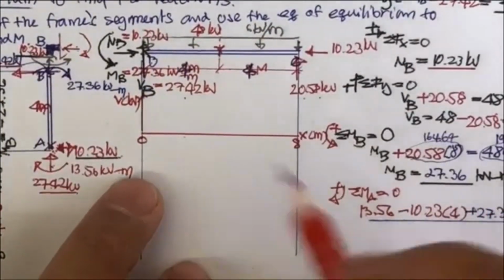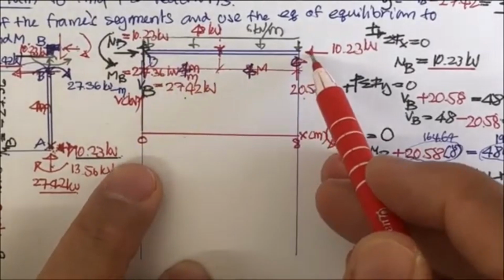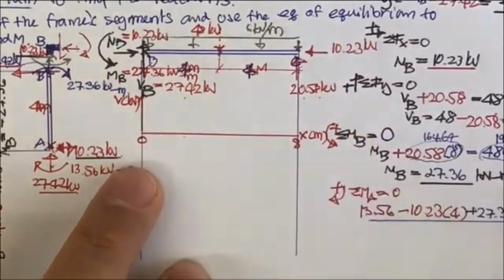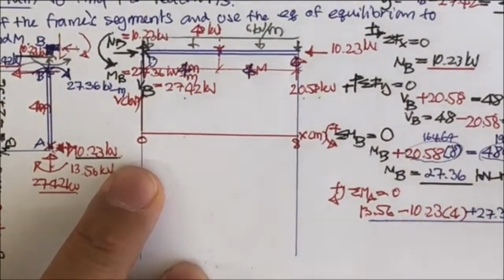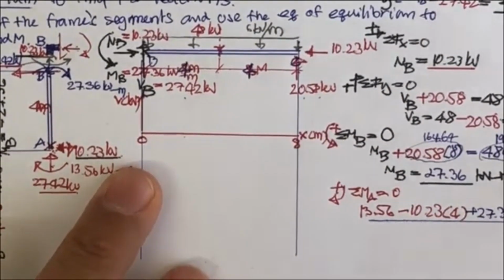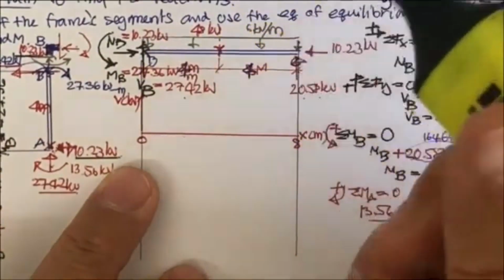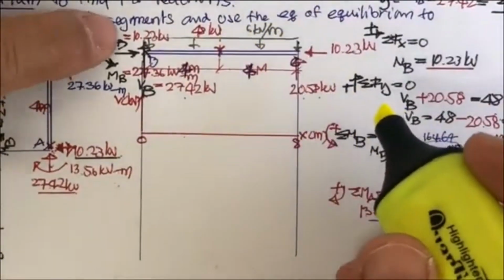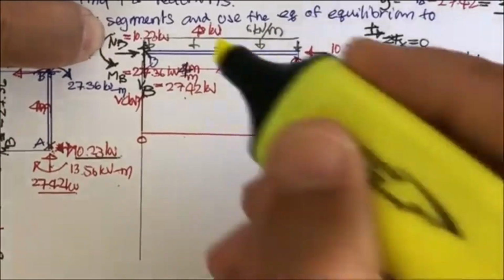Okay, we will start to draw from B to C, and if you look at what shear force we have, you may see the shear force is going to be what? This is the normal force.